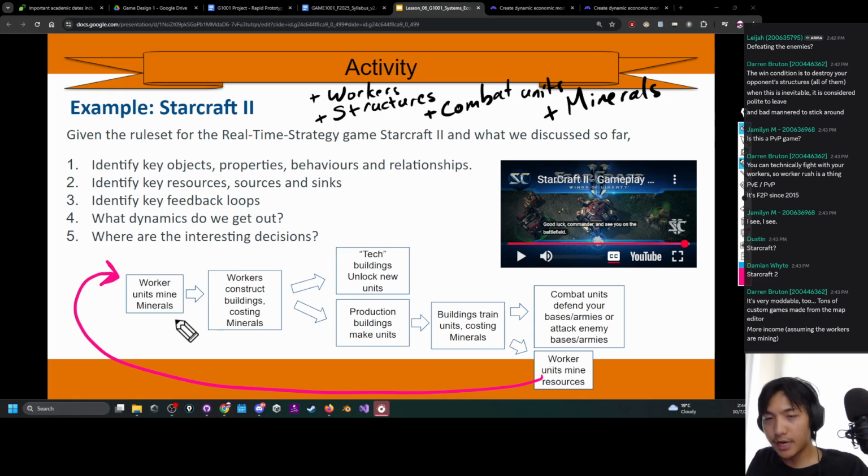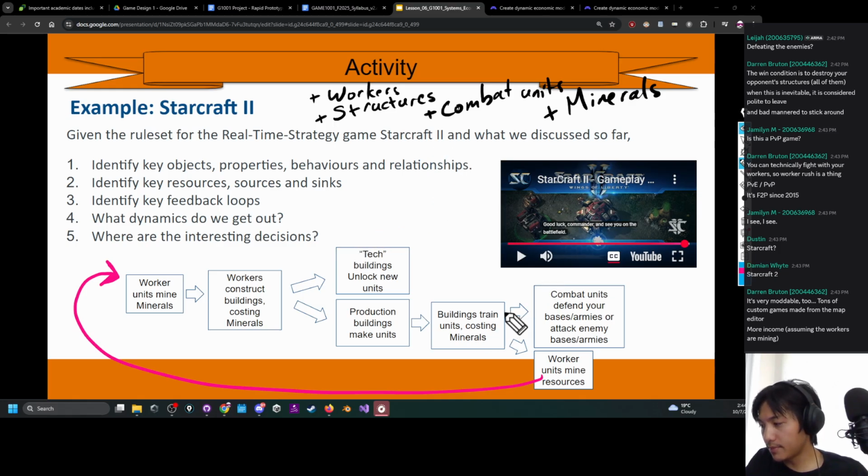So, through the dynamics of this game, you get some really interesting decisions, because it revolves around limited resources, right? You have a certain amount of money. You can decide, should I put my money into building more workers to get more money, to build more workers to get more money, then I will get richer and richer and richer, right?